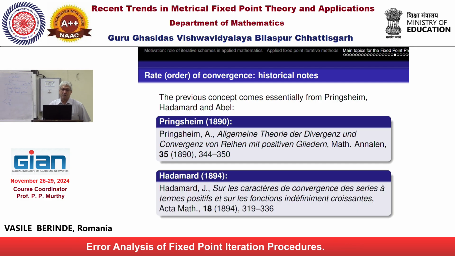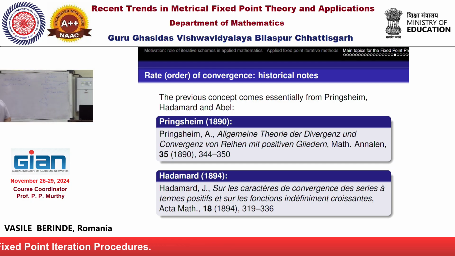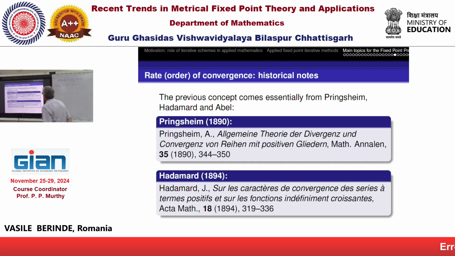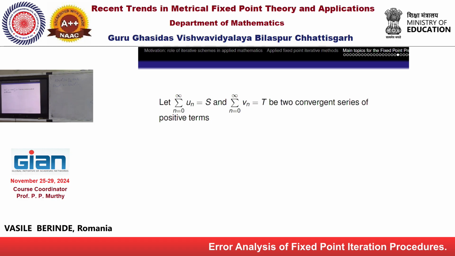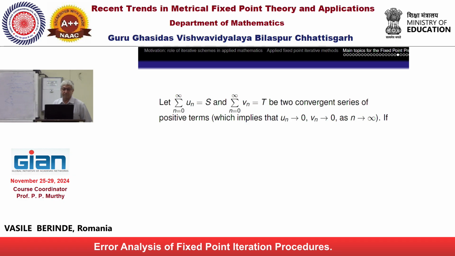This order of convergence comes from those times, 135 almost years ago, from Pringsheim, Abel, Hadamard, and so on. They introduced this concept and also the notation. And it comes from the theory of series.